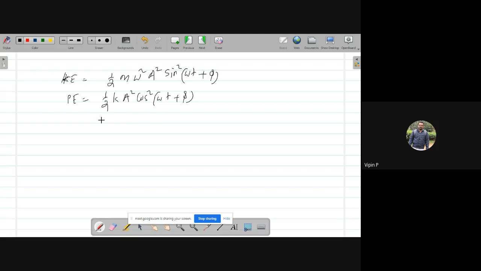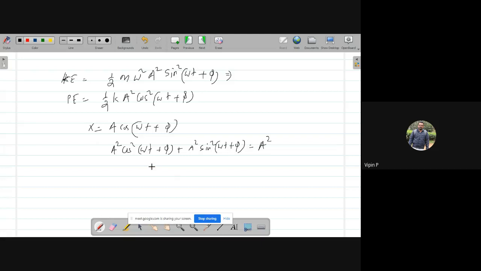Now, x is given as a cos omega t plus phi. If you look carefully, we know that a square cos square omega t plus phi plus a square sin square omega t plus phi should be equal to a square, absolutely no question about that, because a square is the common factor, and cos square plus sin square is 1.